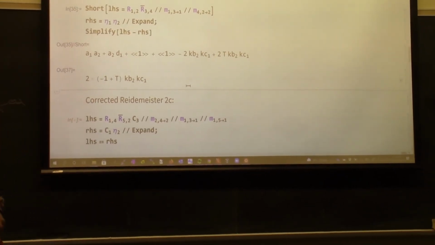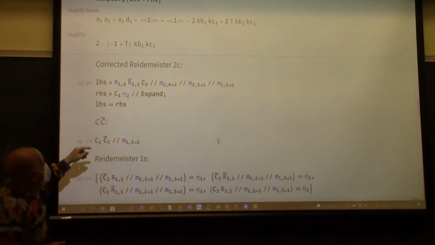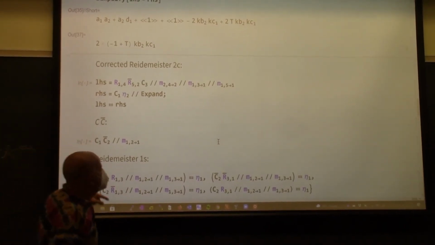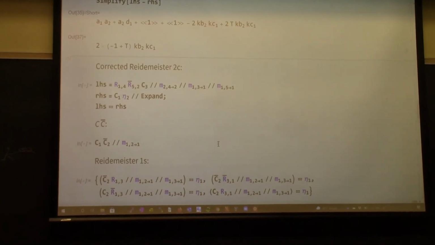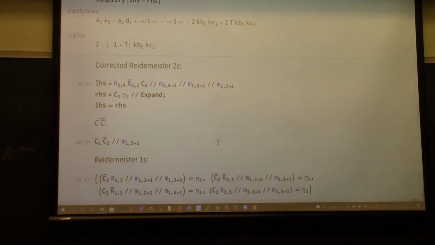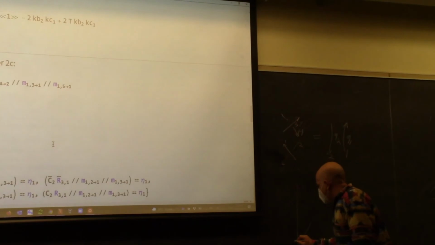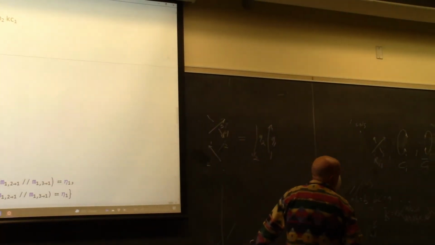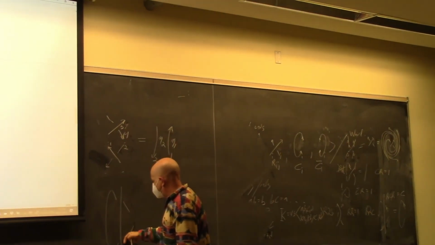So now let's do the correct Reidemeister 2. And the correct Reidemeister 2 is written over there. So I hope I'll do it right now. So really it's this picture. So, no, yes, it's this picture.